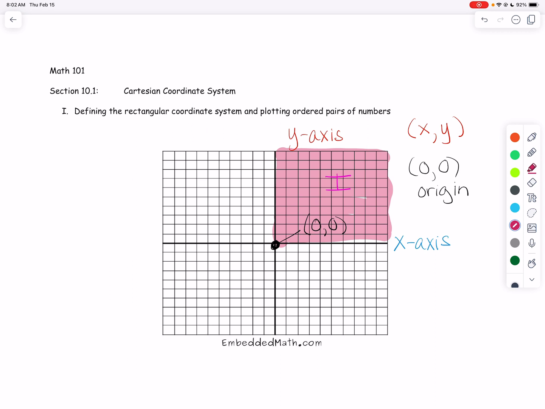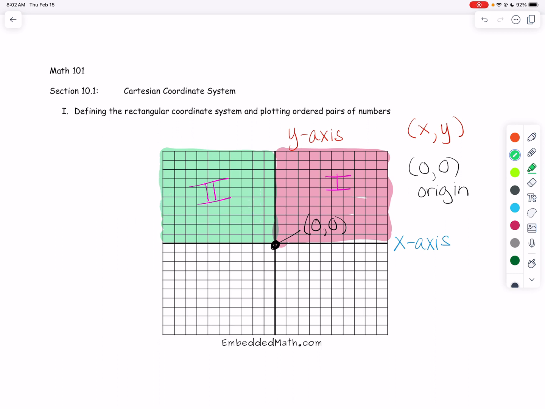Then we go to quadrant II, which is right here. We go counterclockwise. Quadrant II is everything in this upper left-hand corner of our graph.